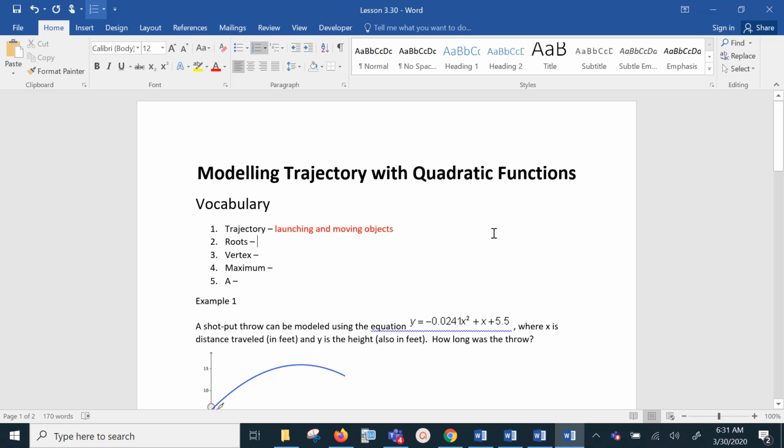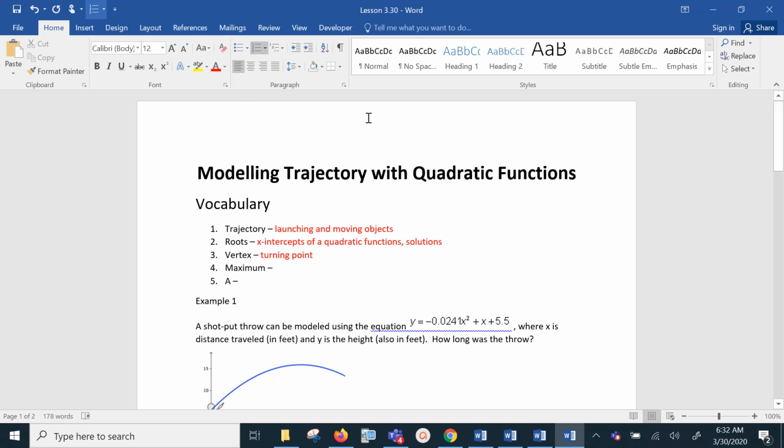What are roots? Roots are the x-intercepts of a quadratic function. Sometimes we call them the solutions to a quadratic function. Vertex is the turning point, right?